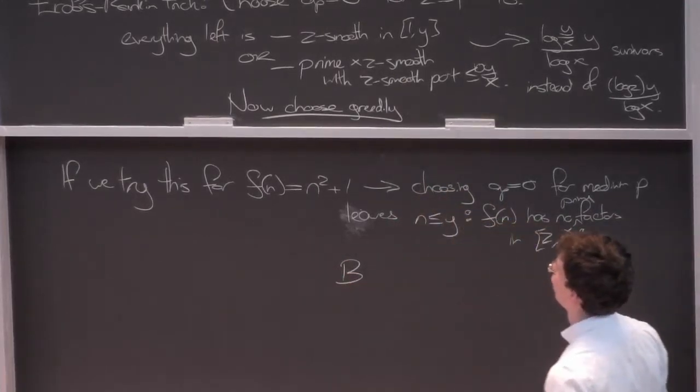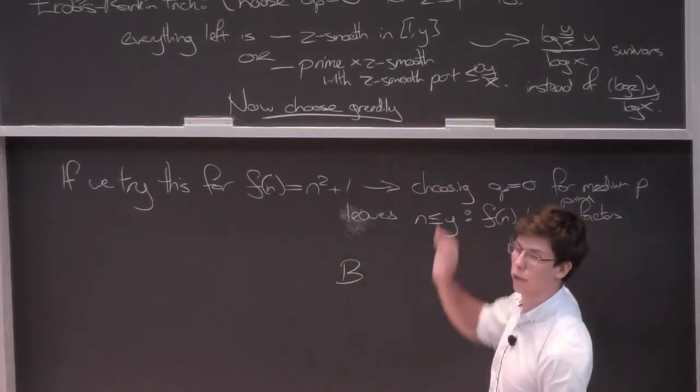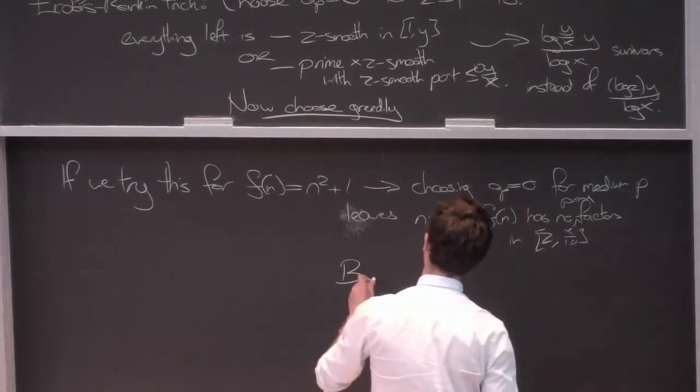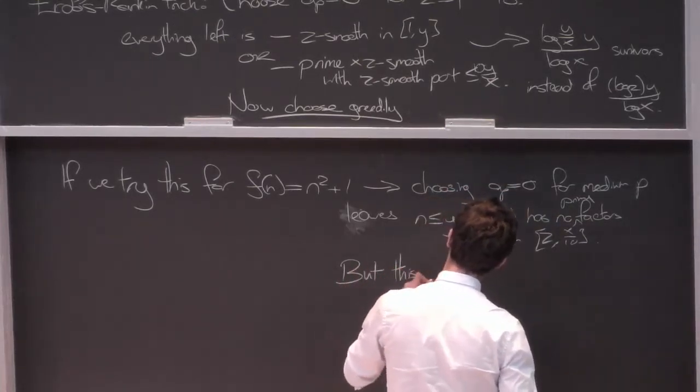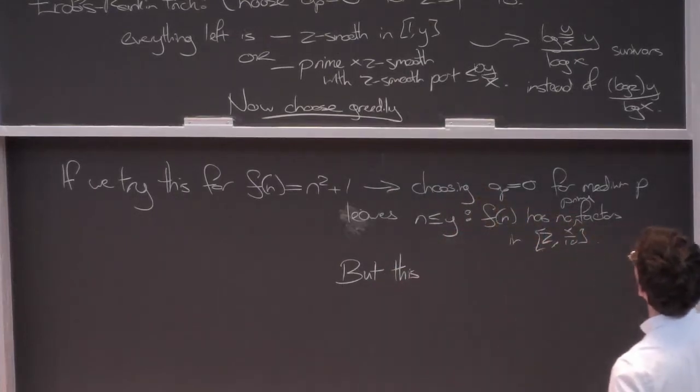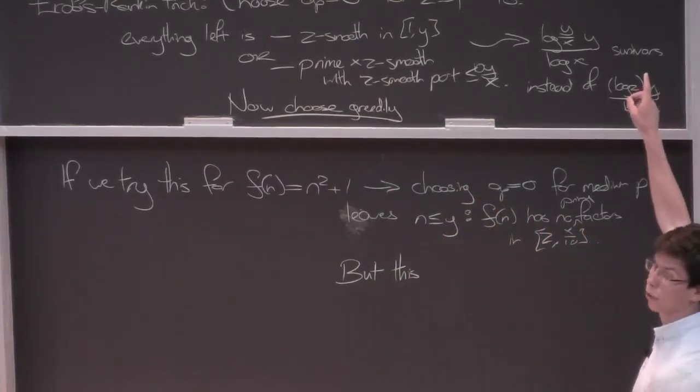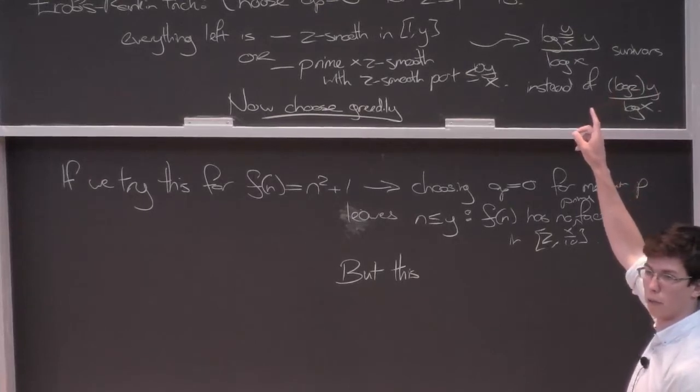Because you no longer have any control over the size of the prime or the size of the z-smooth part. And it turns out that when you do this quantitatively, it gets you precisely what you'd have got if you just chose everything greedily.